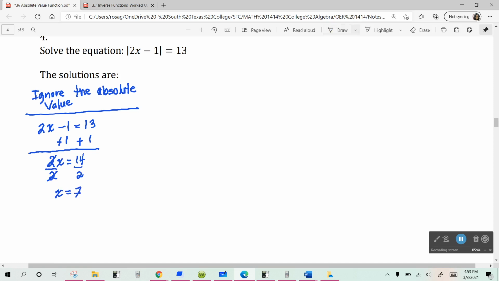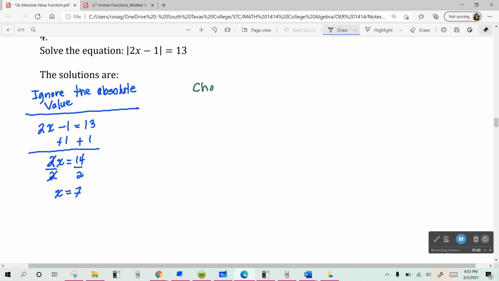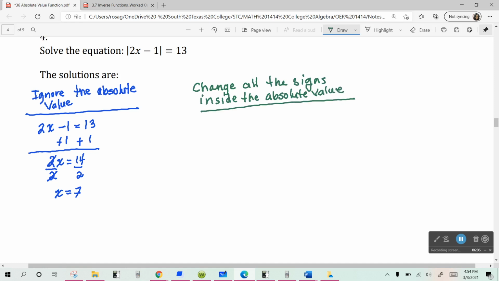Now my other equation, I'm going to change all the signs inside the absolute value.